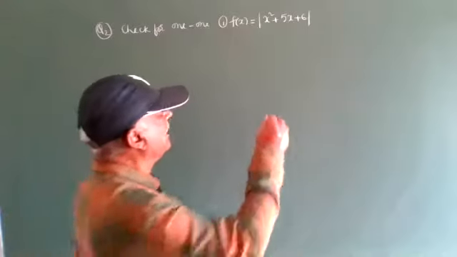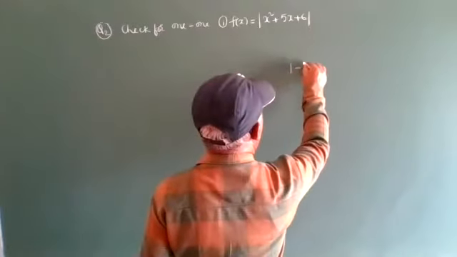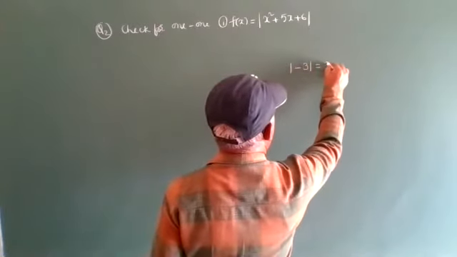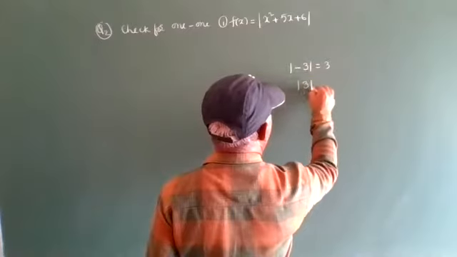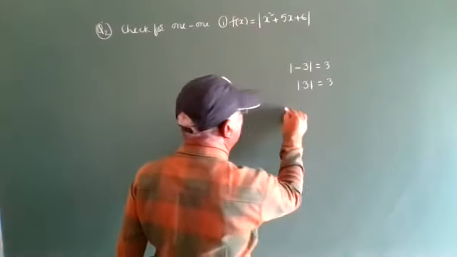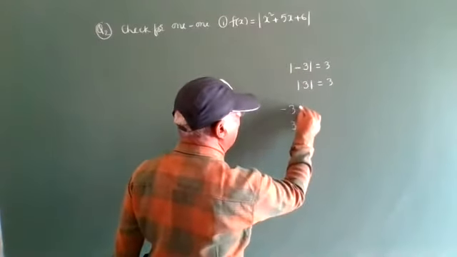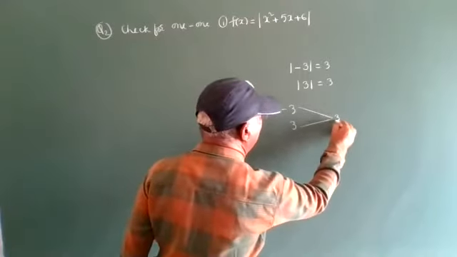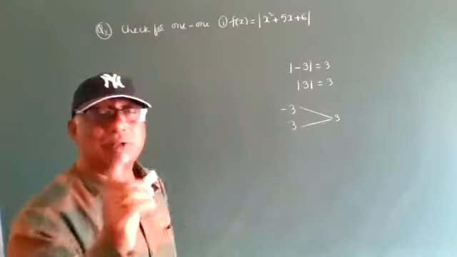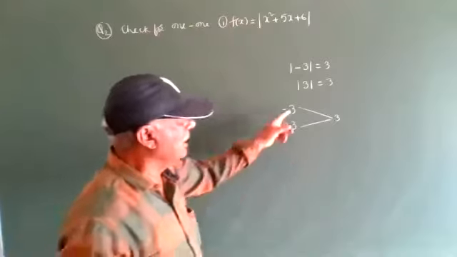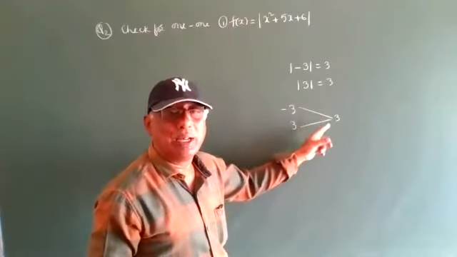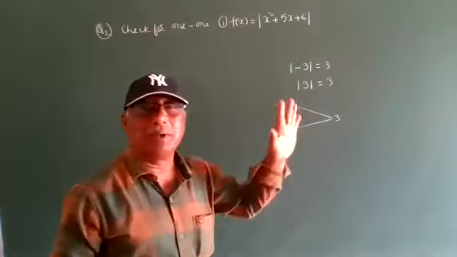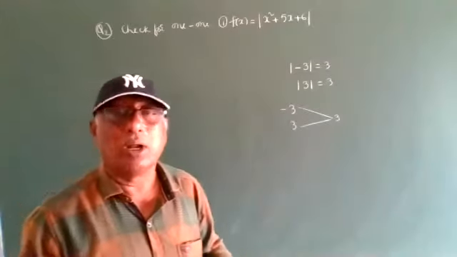How is it? For example, modulus of minus 3 value is plus 3, modulus of plus 3 value is also plus 3. Therefore, minus 3 and plus 3 both have the same image. Different elements should have different images, but here different elements have the same image. Therefore, it is not a one function.